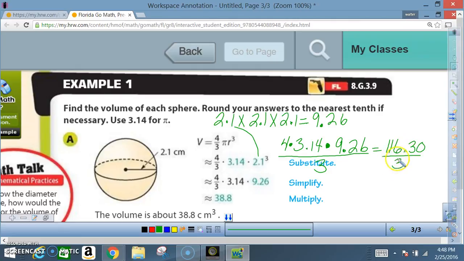Now divide that by 3, and you should come out with 38.8. Then round off if you need to. They say round off to the tenth, so that's what you're going to get. If you're still confused on the 2.1 to the third power, all that means is 2.1 times 2.1 times 2.1. Put that in your calculator or multiply it out by hand, and you end up with 9.26.